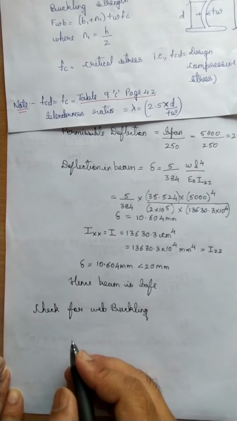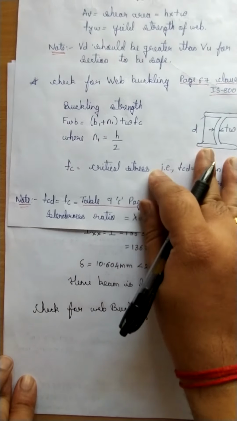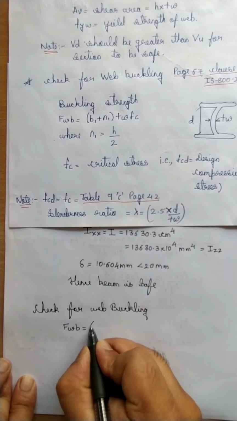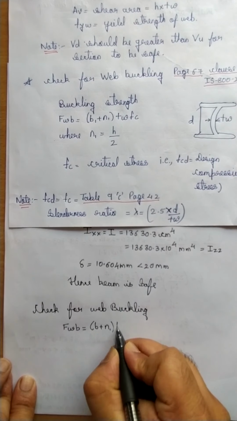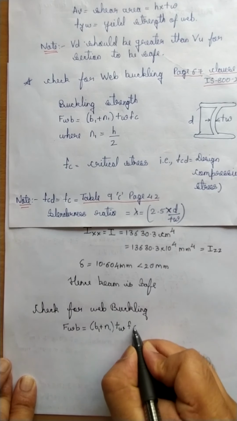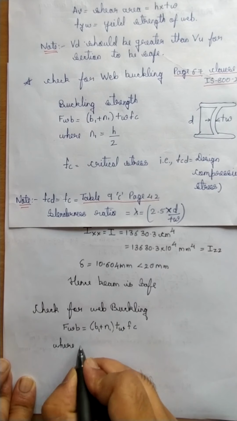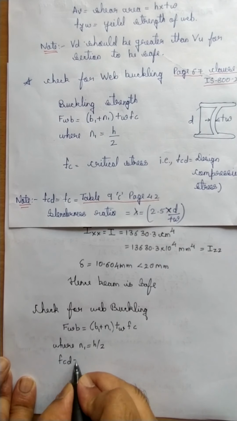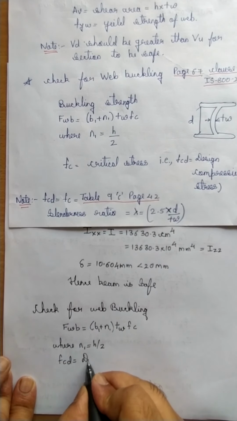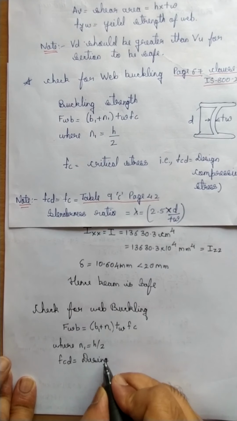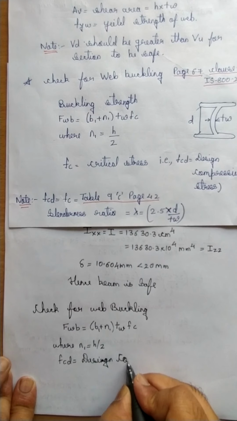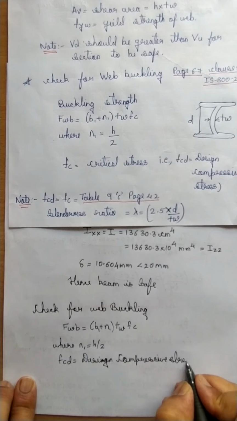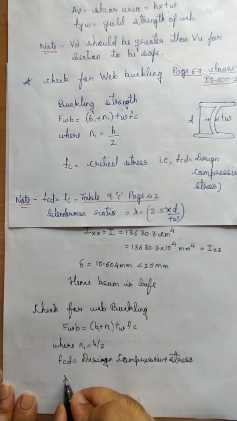So the formula I will note down. Fwb is equal to (b1 plus n1) into tw into fcd, the design compressive stress, how we get? By calculating lambda.